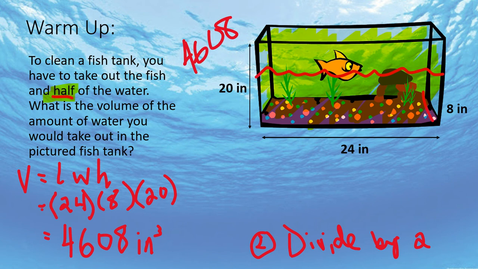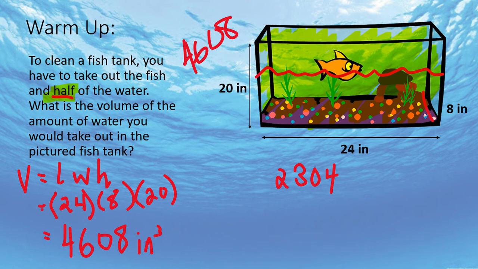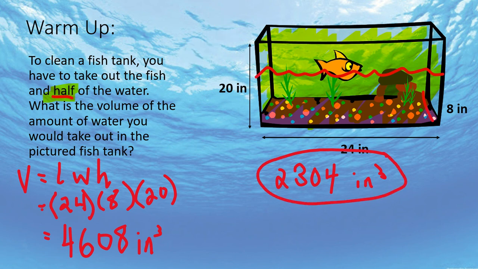That's going to be 2,304 inches cubed. And that's it. That's how you solve that one. You had to think a little bit, think a little critically there. You might see a question like this. I've seen a question like this on the STAR test before.